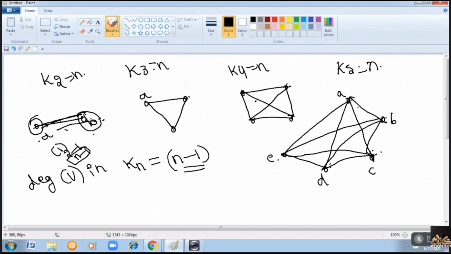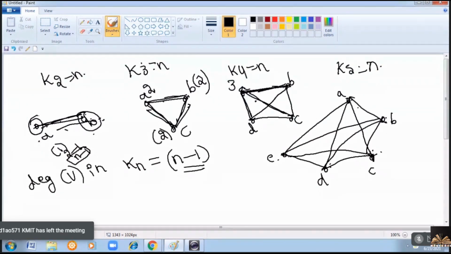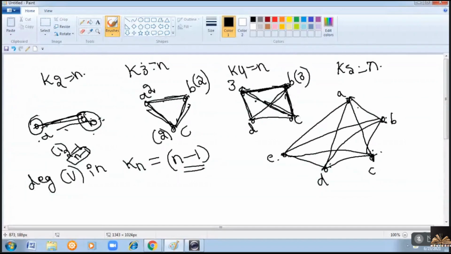Now coming here, the degree of A is 1 and 2. 2 means 3 minus 1 only. The degree of B is 1 and 2. The degree of all the vertices will be the same. The degree of C is 1 and 2. Here, with A, B, C, D, the degree of A is 1, 2, 3. B is 1, 2, 3. C is 1, 2, 3. D is 1, 2, 3.